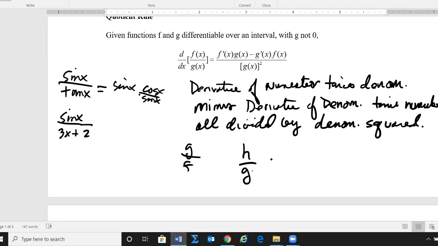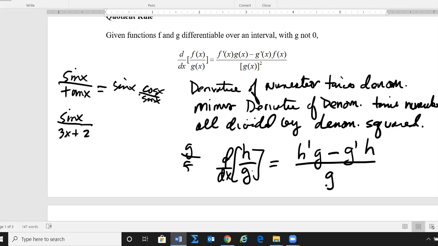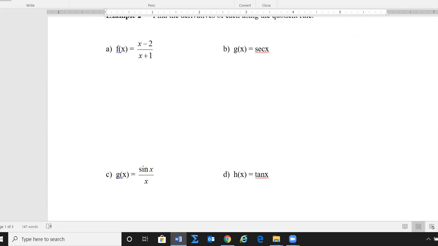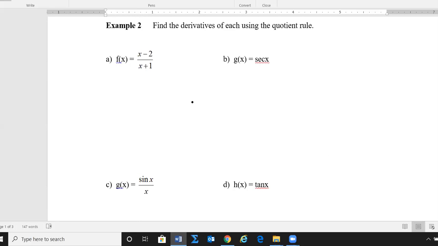Well, you have to remember derivative of the numerator. So if you're trying to find this, you would say, oh, that's derivative of the numerator times the denominator, minus derivative of the denominator times the numerator, all divided by denominator squared. So that's how you should remember it.